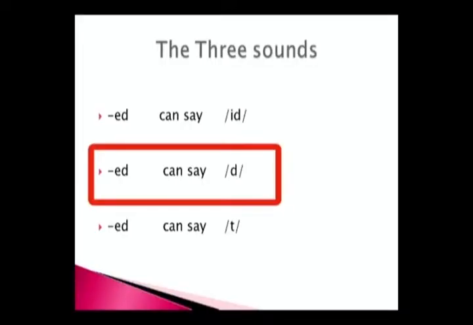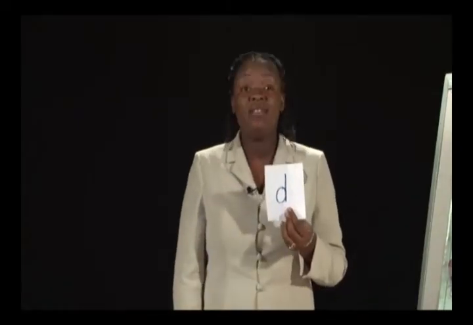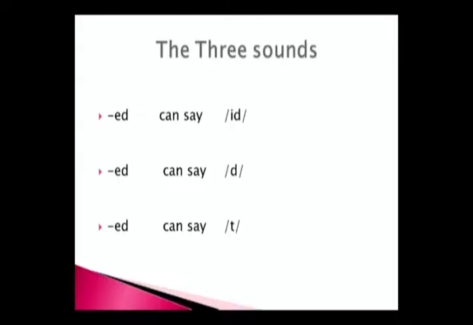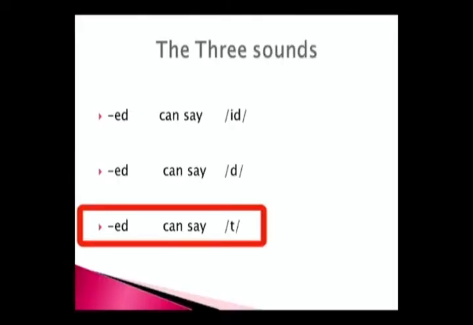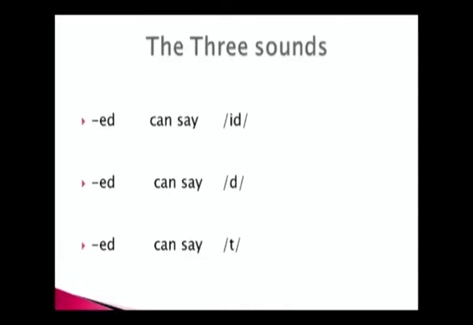The second sound, ed, can say d. The letter D says d. And the third sound, ed, can say t. Did you know that? Yes, boys and girls, there are 3 sounds, id, d, and t. Follow closely, listen carefully, and join with me. We are going to be learning a lot today.